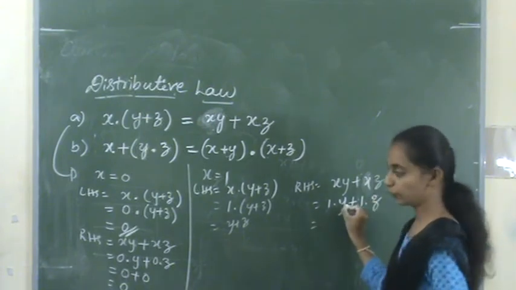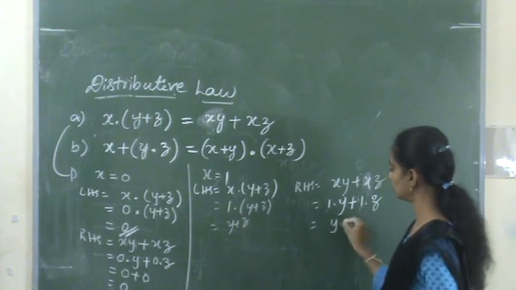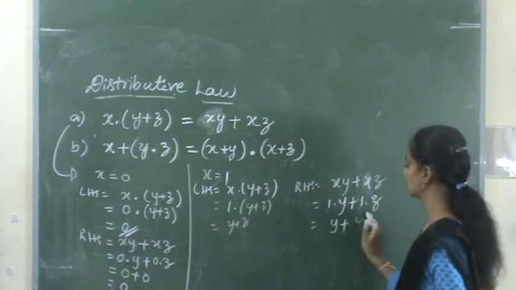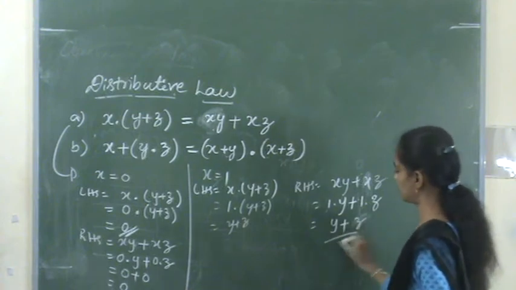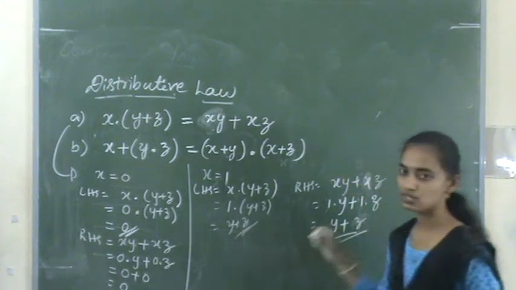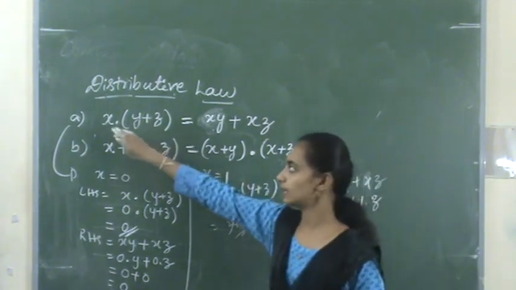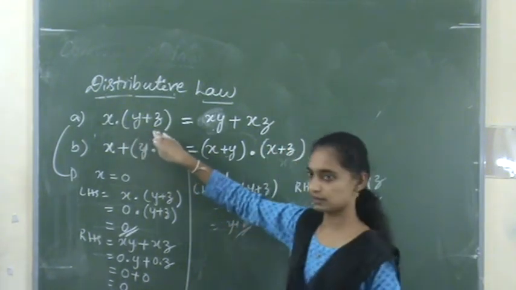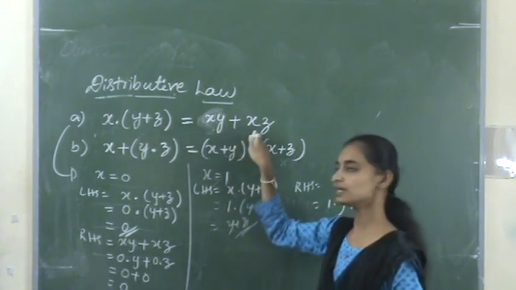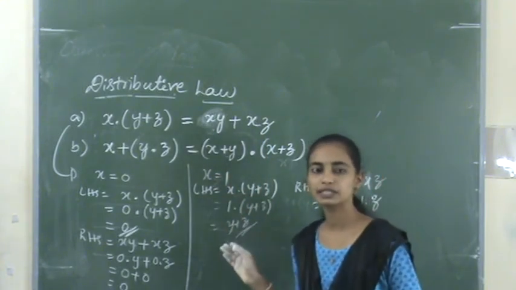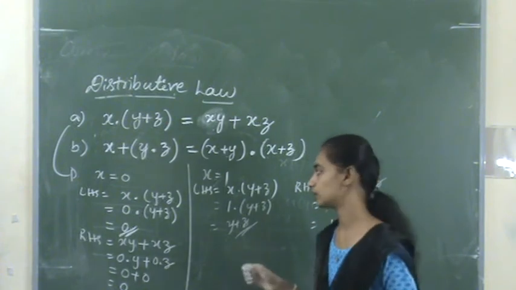So 1 into anything gives anything, right? So that is y plus 1 into z is z. So y plus z. So we get that both the LHS and the RHS are equal. Hence we can prove that x into (y plus z) is equal to xy plus xz. So this can be proved with the help of a truth table also, right?